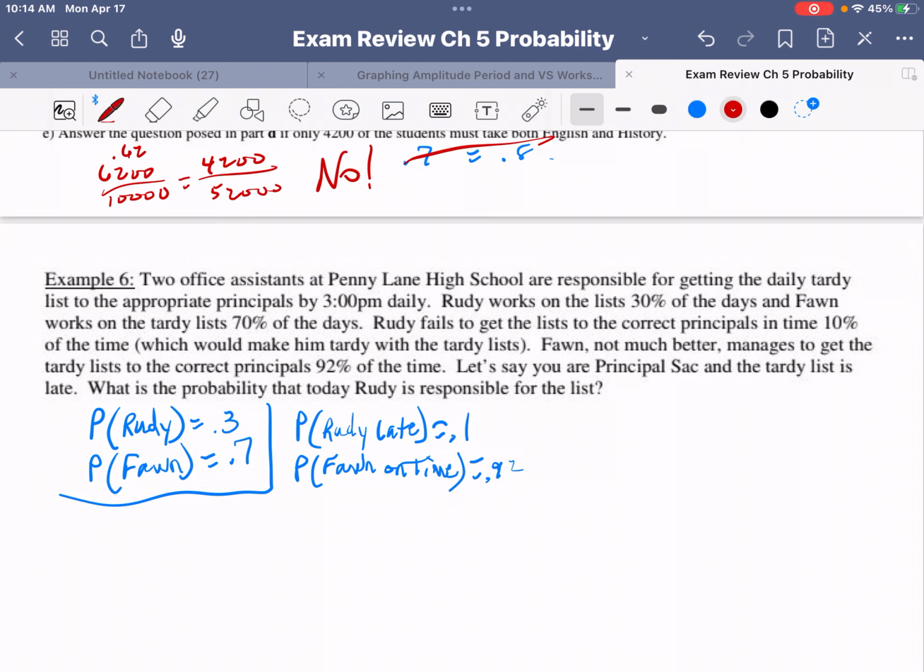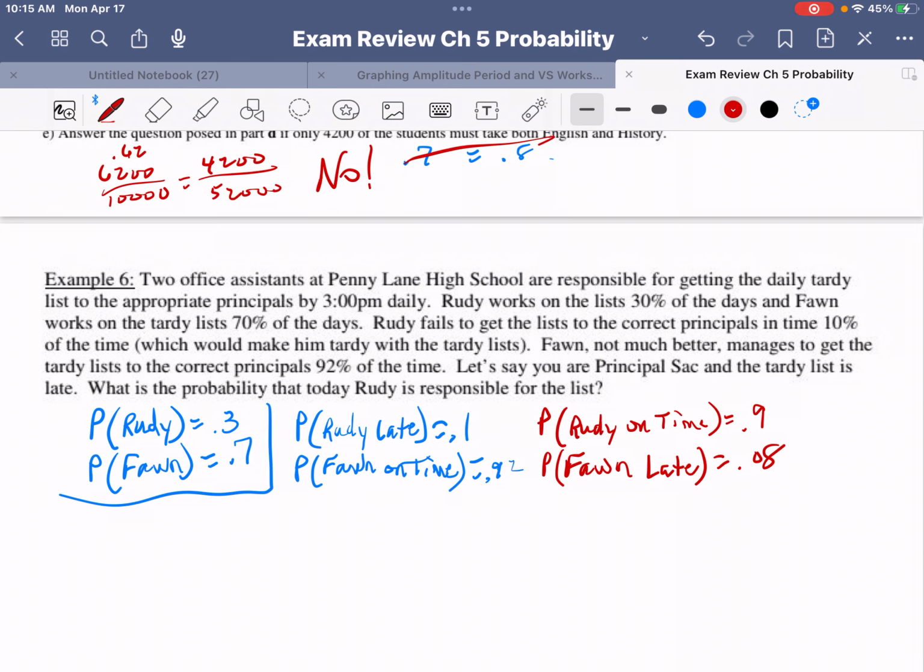Now, I'm going to put in red some other things that I know that weren't given to me. The probability that Rudy is on time is 0.9, and the probability that Fawn is late is 0.08. In red, it wasn't given to me, but it's intuitively understood.